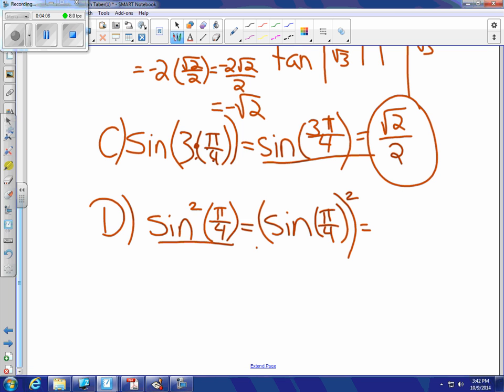Okay? So what is sine pi over 4? Because remember, we got to do what's inside the parentheses first. So sine pi over 4, square root 2 over 2, right? Then we square it. So then it is 2 over 4, 1 half. Not too bad.